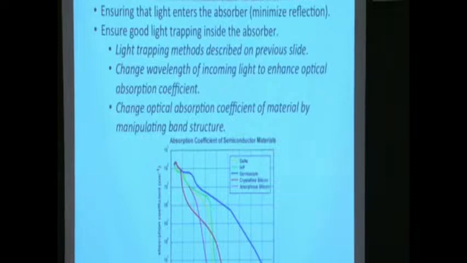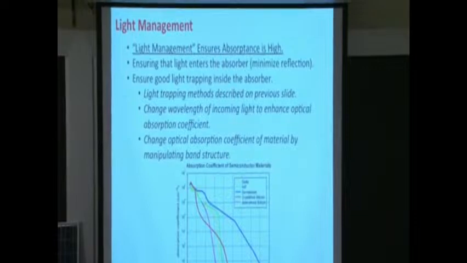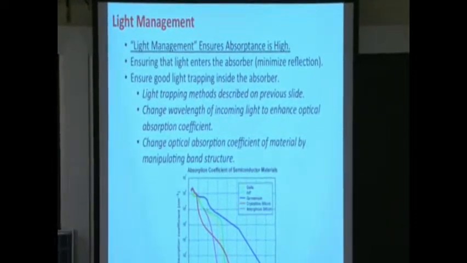So to put a big umbrella over the entire lecture, light management ensures that the absorptance is high. The absorptance would be essentially the amount of light getting absorbed inside of the material normalized by the amount of light going in, so 1 minus R. So we want to ensure that light enters the absorber.